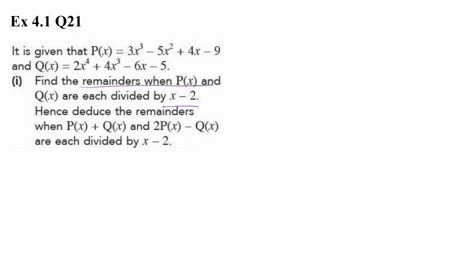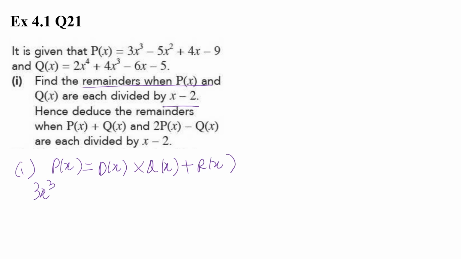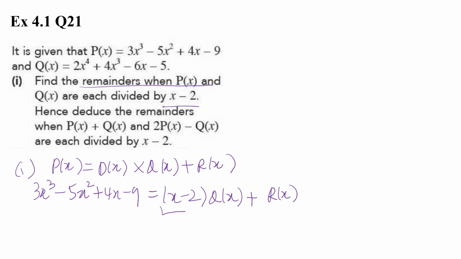All right, so for part 1, p of x we can write as divisor times quotient plus the remainder. So p of x, 3x cubed minus 5x squared plus 4x minus 9, is equal to the divisor x minus 2 times the quotient, plus the remainder. Basically, we let x equal to 2 so that we can eliminate q of x, and from there we can find the remainder.